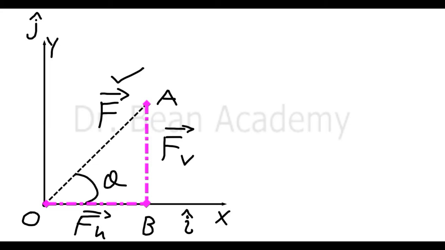The triangle OAB is actually a right angled triangle, and this angle is actually 90 degrees.